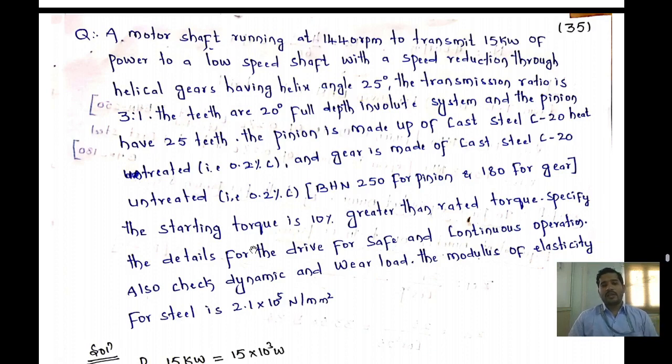A motor shaft running at a speed of 1440 rpm to transmit the power of 15 kilowatt to a low speed shaft with a speed reduction through the helical gear having the helix angle alpha of 25 degrees.